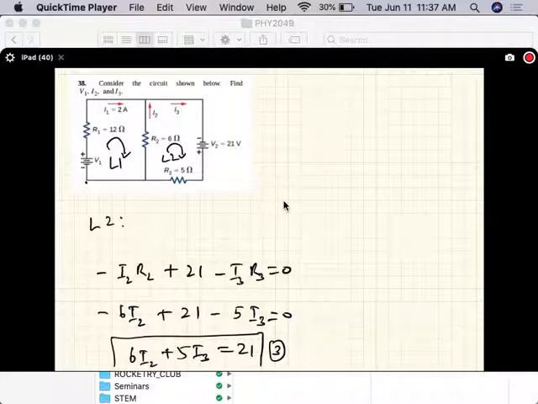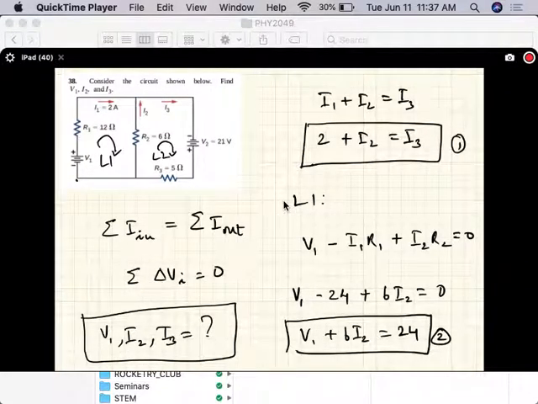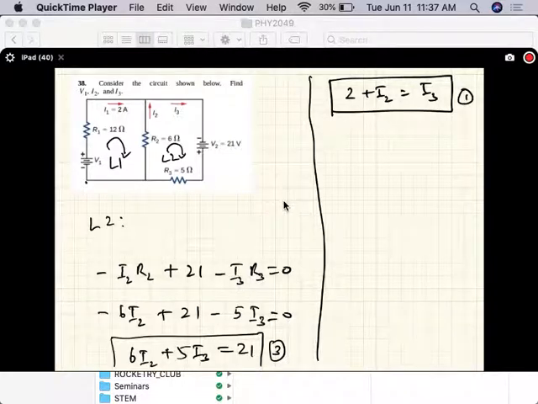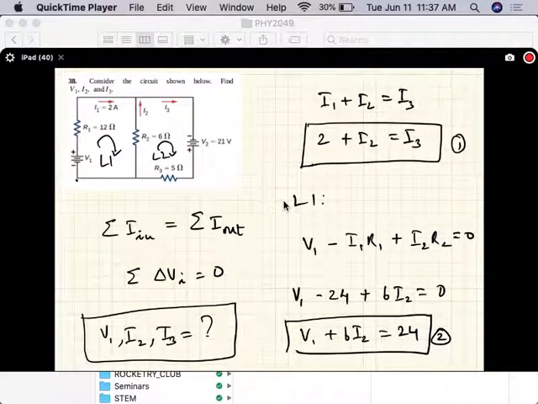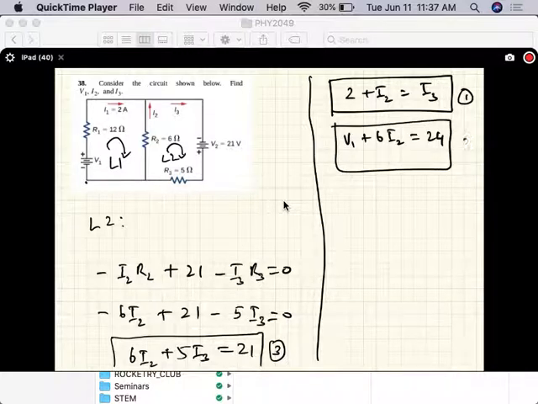All right, so I'm going to write down the three equations here. 2 plus I2 equal to I3, there's equation 1. V1 plus 6 I2 equal to 24, there's equation 2, and 6 I2 plus 5 I3 equal to 21.